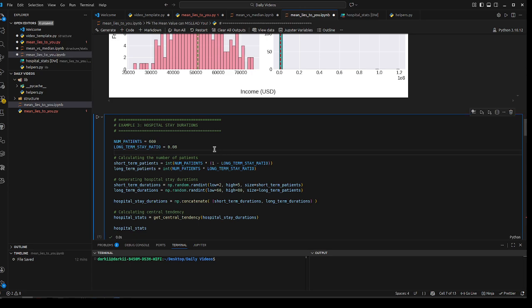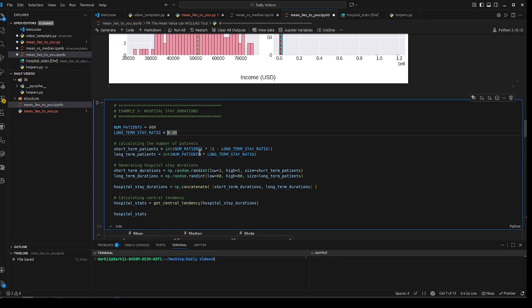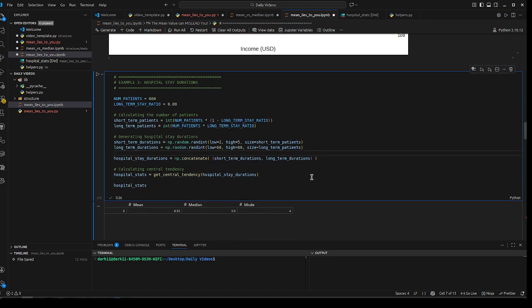Now, example 3, hospital stay durations. So let's say you're at a hospital, you have 600 patients there, and we're giving, again, for the number generation, rough values. Long-term stay has a ratio of about 8 out of 100 people there staying long-term. So we calculate the values. If you know Python code, you can kind of decipher this and see how the data is generated.